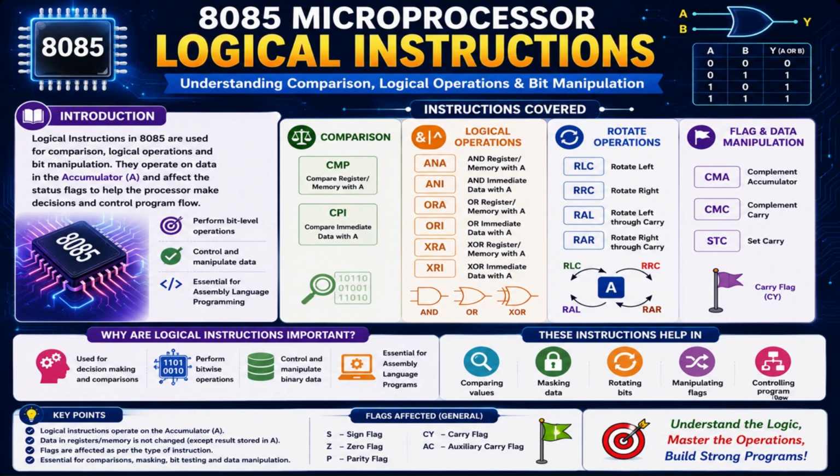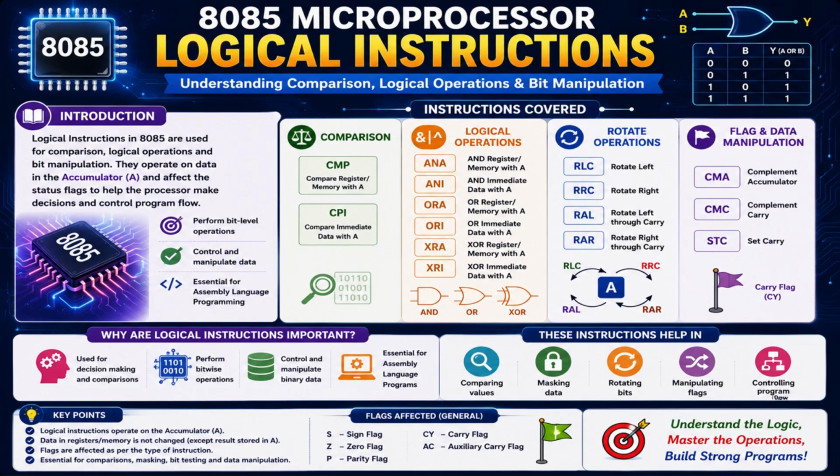Now before we start learning each instruction one by one, let's first understand what logical instruction actually are. They are used to compare two values, perform logical operation, rotate bits, and manipulate the carry flag.